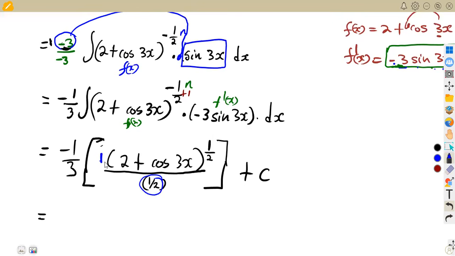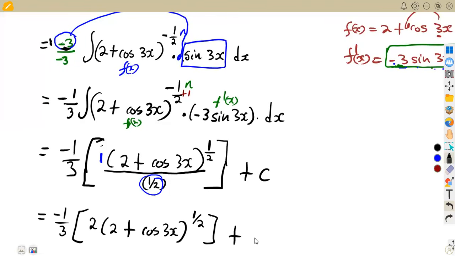Take note, it's 1 divided by this half, which is going to give us a 2. So it will be negative a third into 2 into 2 plus the cosine of 3x to the exponent of a half. So plus the constant. Take note, 1 divided by this half is the one that gave us this 2 that we see here.